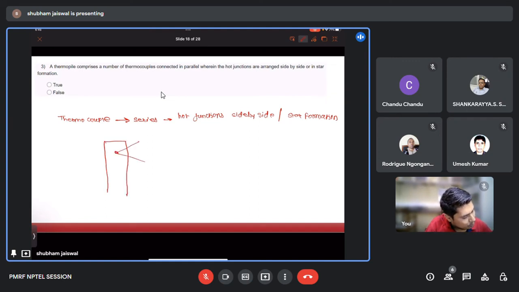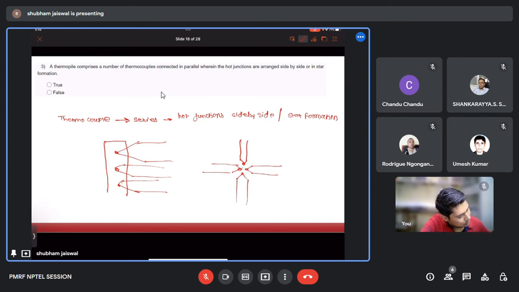We can arrange thermocouples like this in series, or we can also use thermocouples in star formation. So series, star.